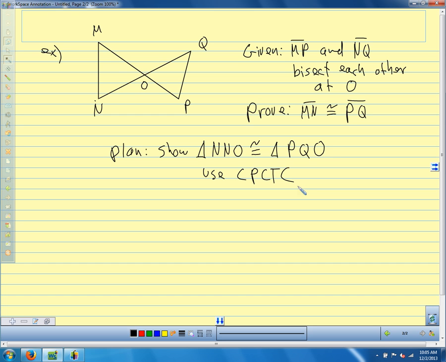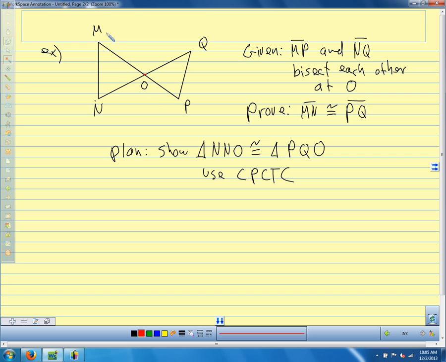Let's start by marking up what we already know by labeling our triangle. First off, it tells us that MP and NQ bisect each other at O. What does bisect mean? What is it telling us? They cut each other in half. So bisect means they cut each other in half at point O. So point O is the middle of each of the segments.